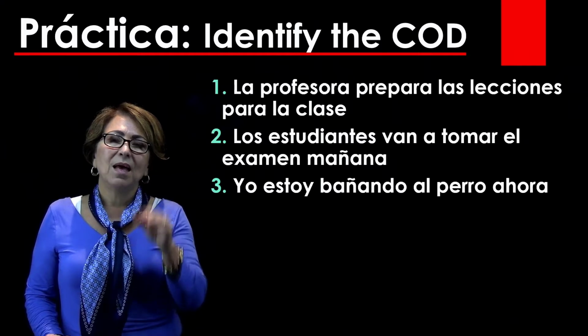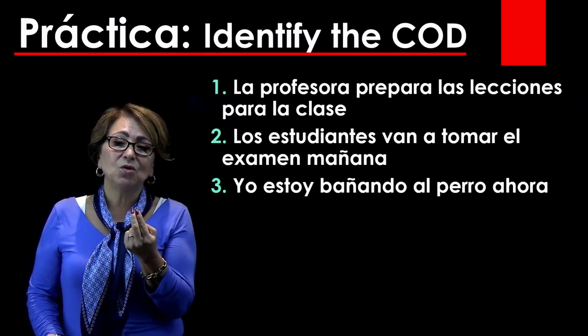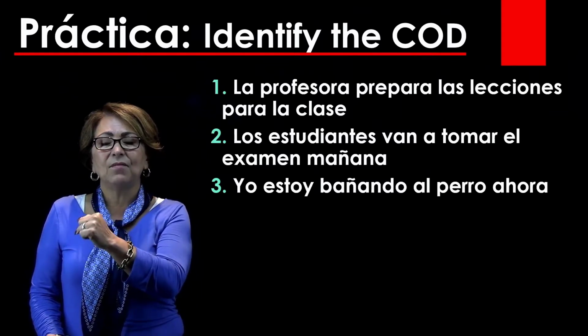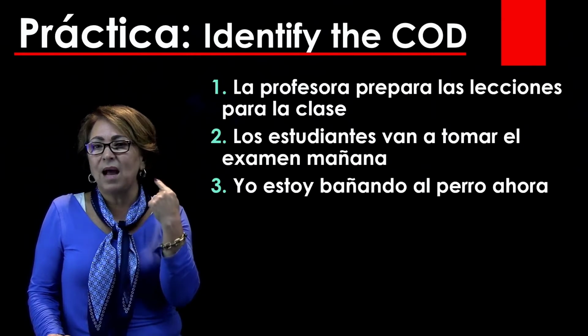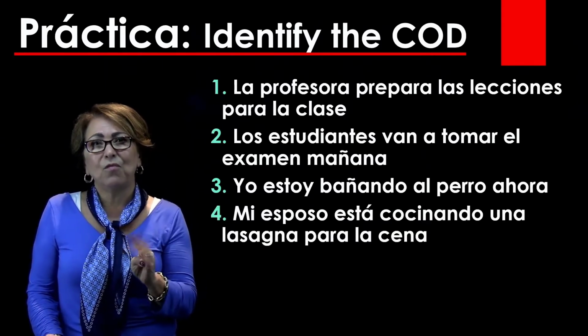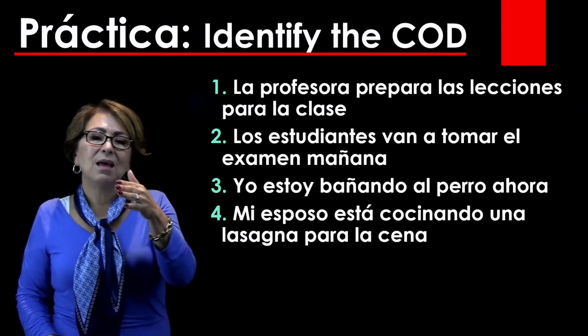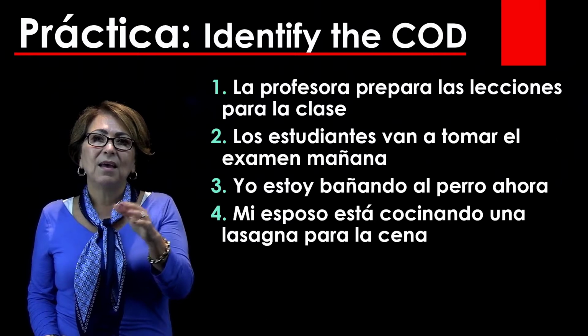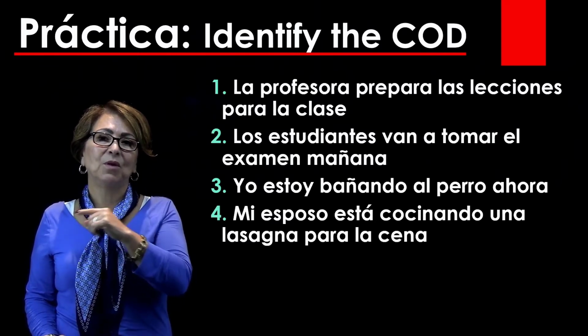On the third one, estoy bañando. It's a conjugation that has two verbs, but I still have the object right after it, which is al perro, and that will be the one that I'm going to be replacing. On number 4, mi esposo está cocinando. Again, I'm using present progressive, and una lasaña will be the object that's going to be replaced.